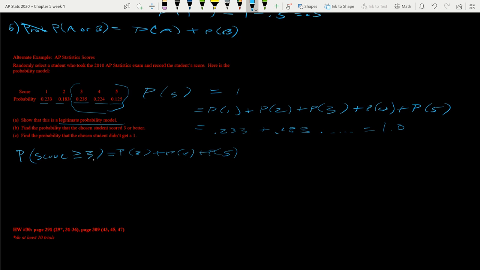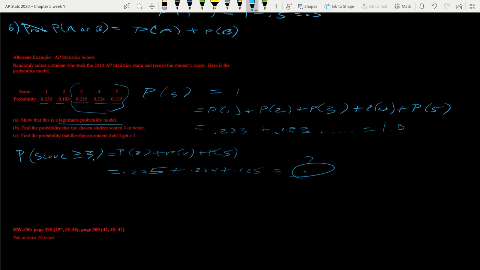I don't have my calculator, but you would add 0.235 plus 0.224 plus 0.125, and then you'd get that answer right there. Whatever that answer is. I don't have my calculator. Remember, I left it at home. So that's the idea here.